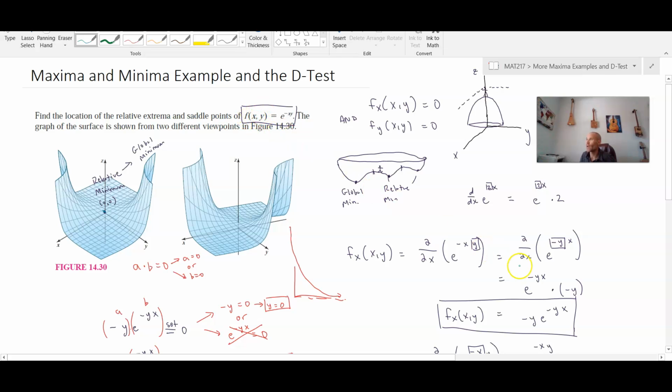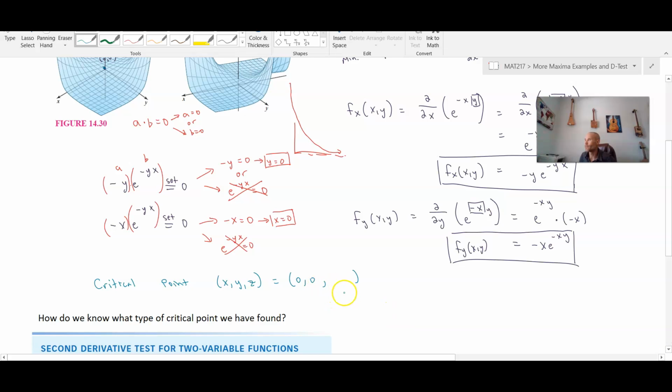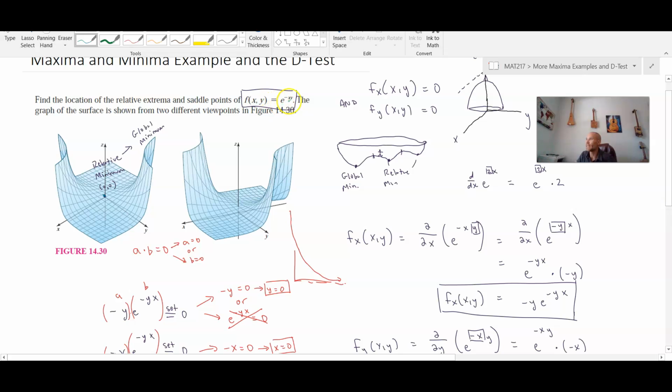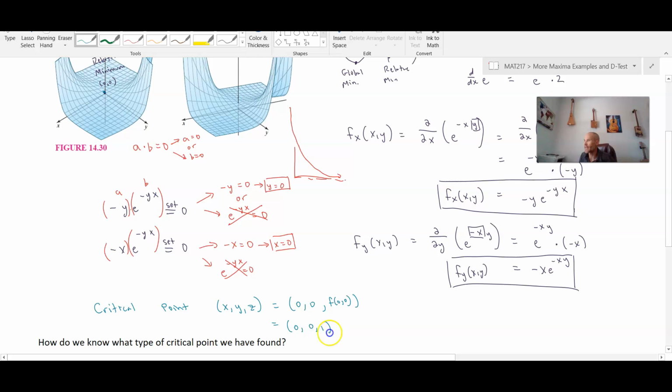So I'm just going to evaluate f of 0, 0. If I plug in 0 for x and y into this equation, I'll have e to the 0 power, which is 1. So that represents a local minimum. It's at the point 0, 0, 1.